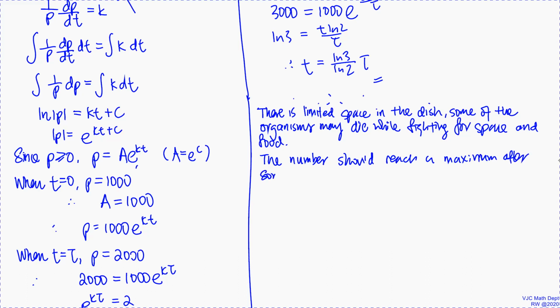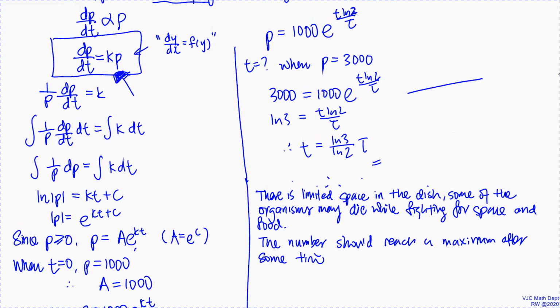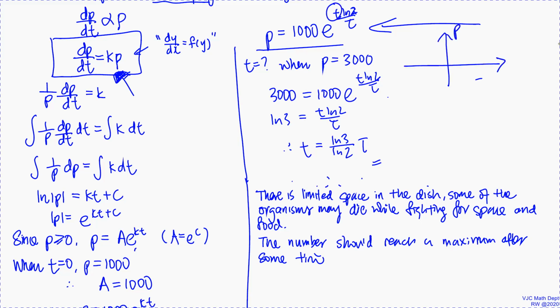And I think this can be evidently seen in this equation here. Sorry, wrong arrow. This one. P is 1,000 e^(t ln 2 over T). If you sketch P against t, you get the exponential model like that.